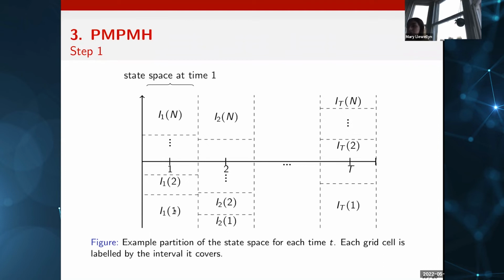The probability of going from this index at time 1 to this index at time 2 will be given by a transition matrix in terms of the state-space model densities.